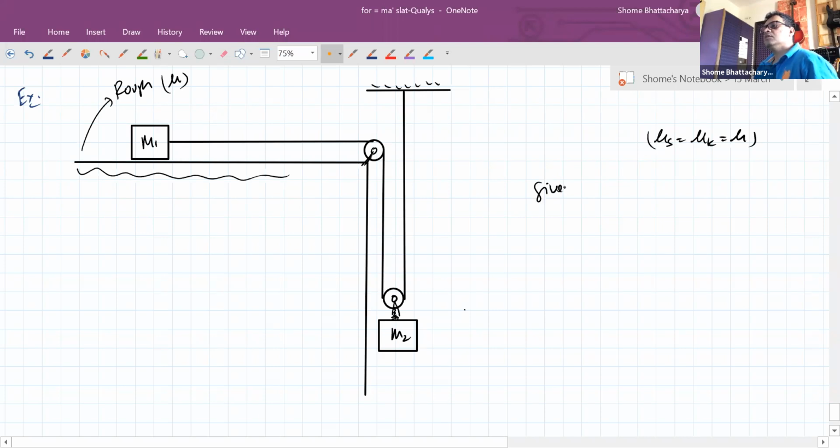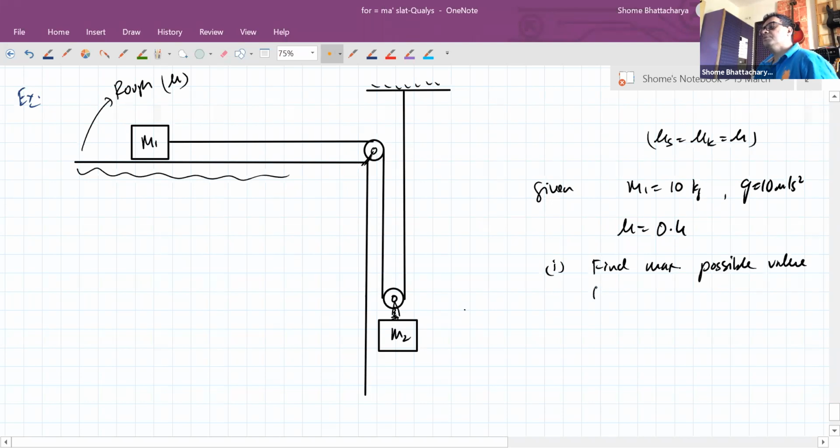So given M1 is suppose 10 kgs and coefficient of friction is 0.4. So first part, we have to find the maximum possible value of M2's mass such that the system remains at rest.